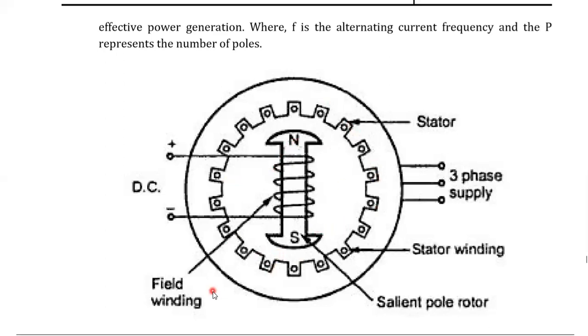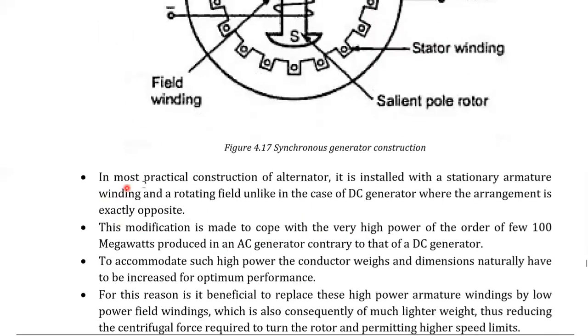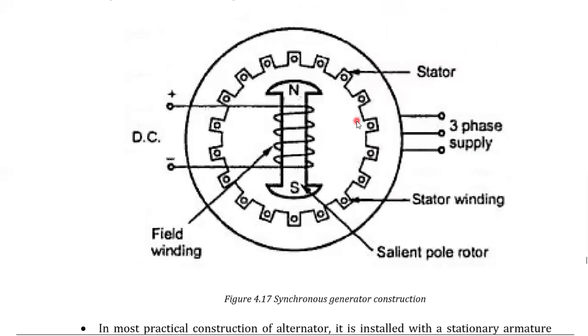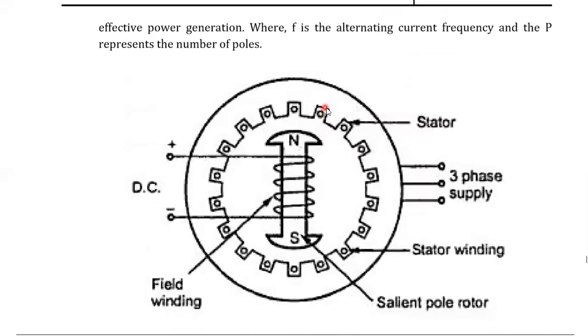Salient pole rotor. Okay. In most practical constructions of alternator, it is installed with a stationary armature. I already explained the stationary armature: the armature winding is stationary. If it is a generator, collecting the power from the stationary part is easy compared to the rotating part.